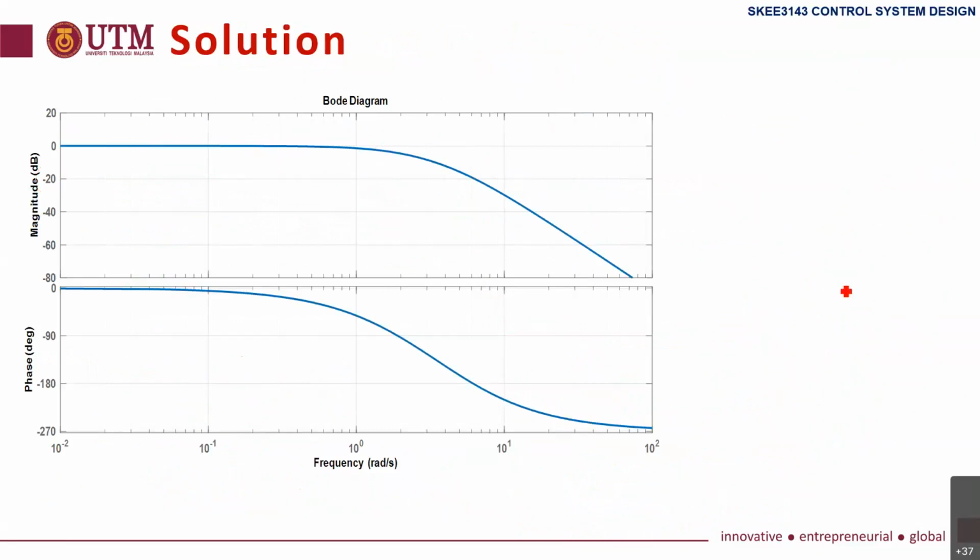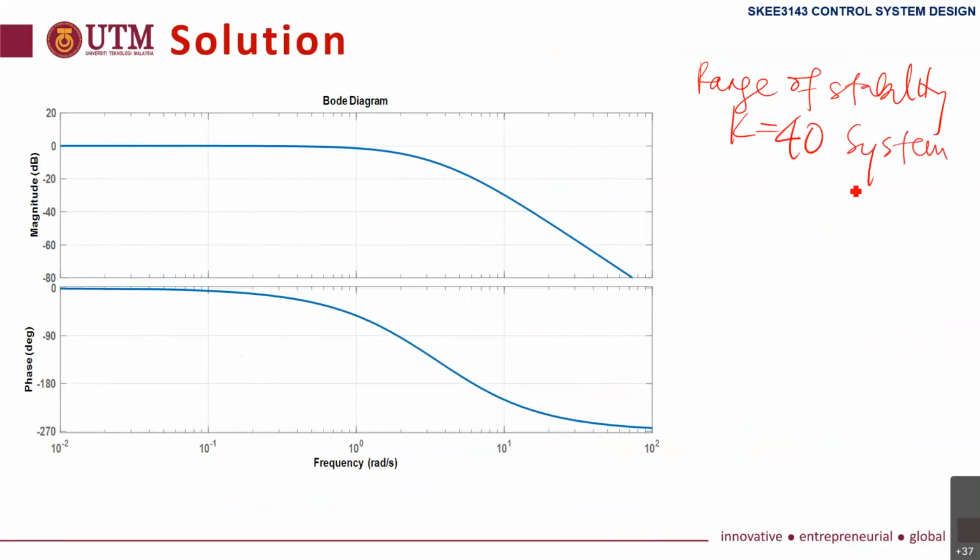Okay, again, here. Now we want to check the range of stability. We know at K40, the system is stable. This is K40. Here, 6.5. Here, 20 dB.